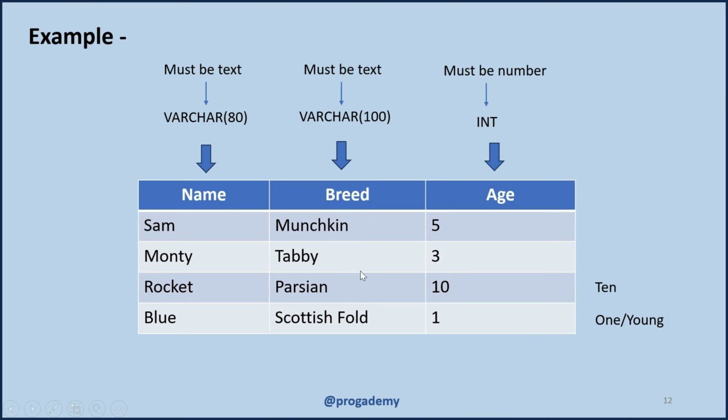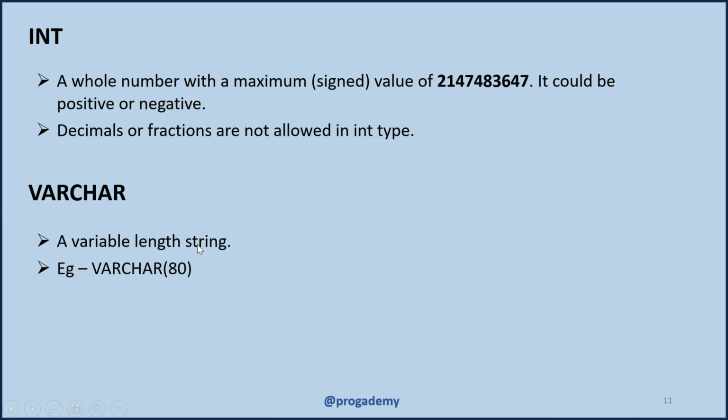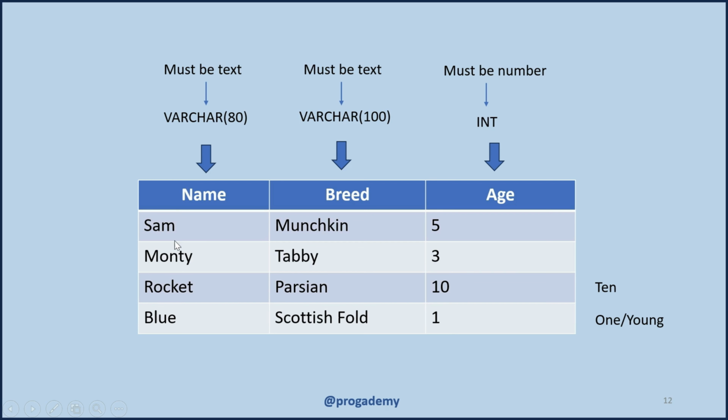Now let us take one example, this table. Here I have this cats table with name, breed, and age. Name stores only name values, like the cats' names Sam, Monty, Rocket, Blue. These names will always be text values, and as we saw in the previous video, text is stored as a variable length string, so that will be varchar.